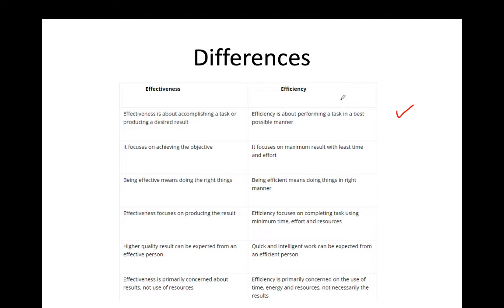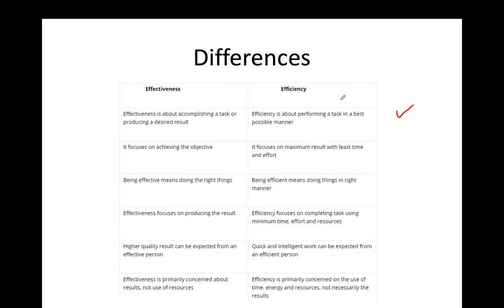Now the second point, effectiveness focuses on achieving the objective. Same example, your goal is to reach home, no matter early or late. So you are taking a bus and you are completing your task. That is effectiveness. But what is efficiency?